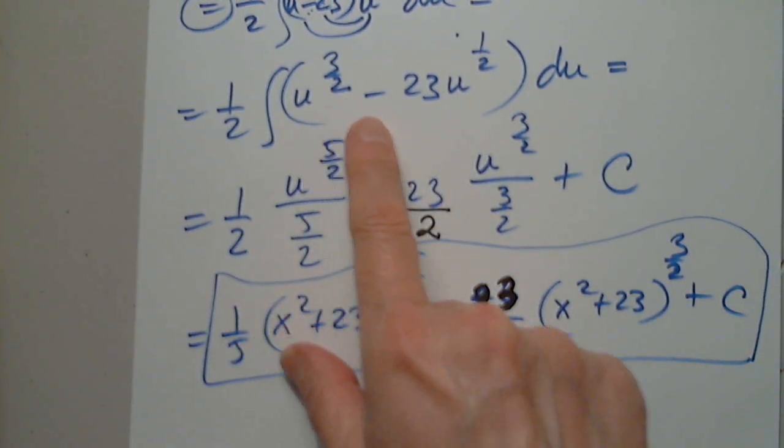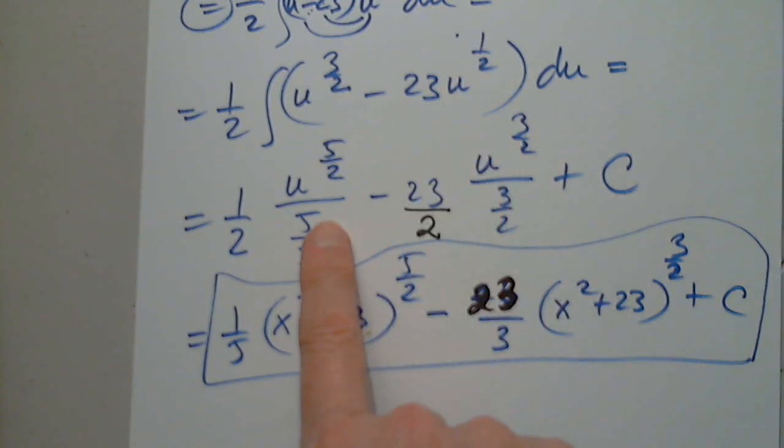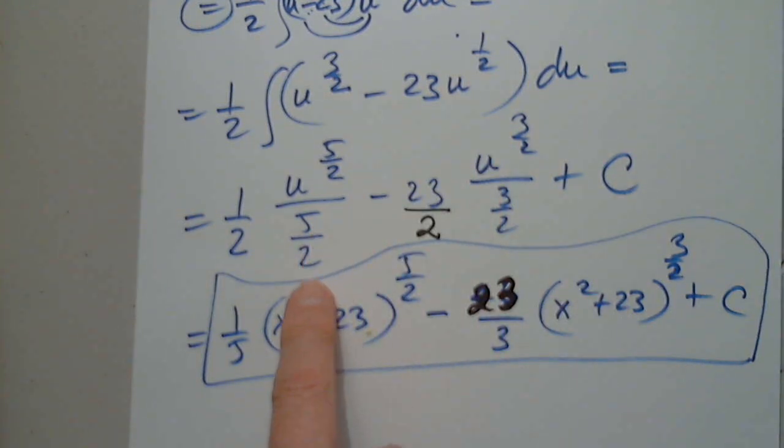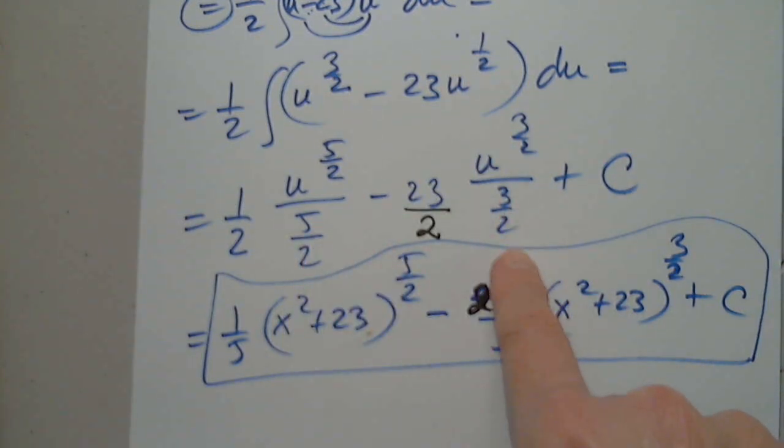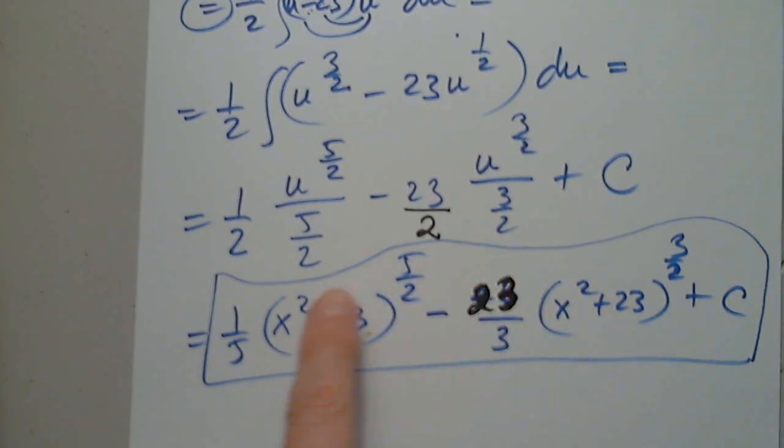One plus 1/2. 5 halves. 3 halves. 1/5, that's correct.